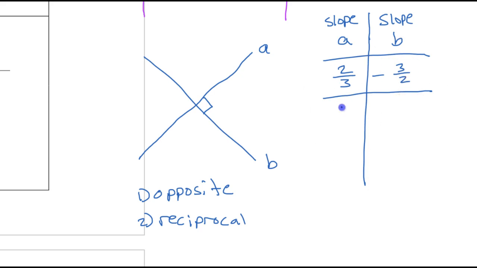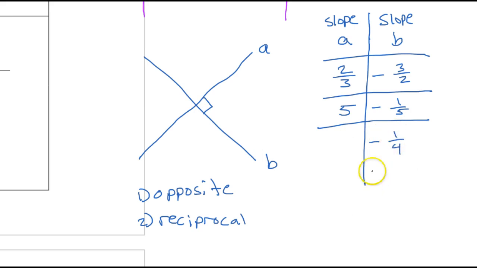Okay, what if line A had slope 5? Okay, then line B would have a negative slope. The reciprocal of 5 is 1/5. Okay, so it would be negative 1/5. Okay, what if I told you that the slope of line B was negative 1/4?